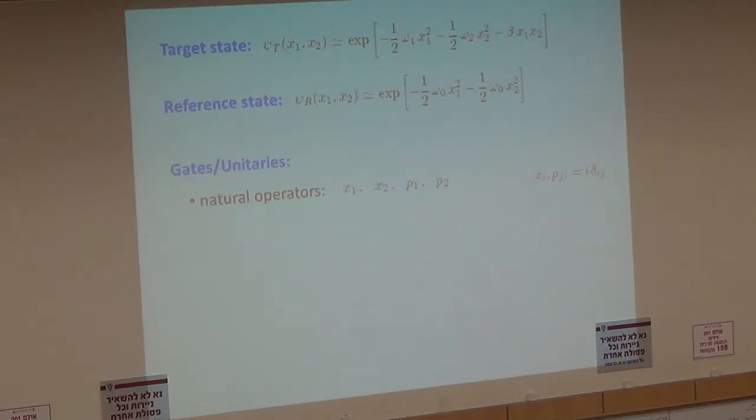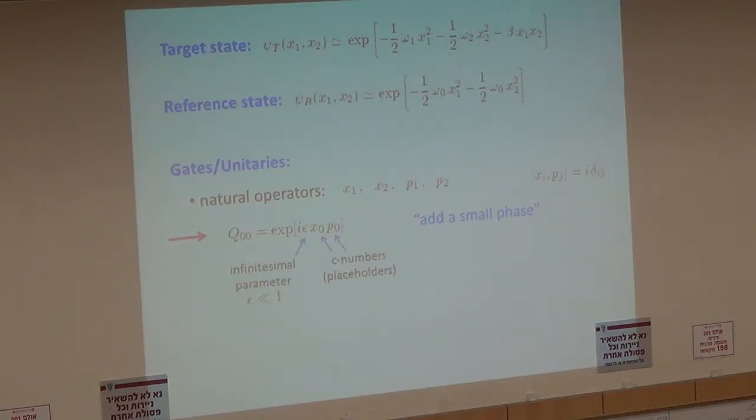And so, well, it's a quantum mechanics problem, and so the natural operators that we're given are the x's and the p's. And those aren't unitaries, but it's easy to build unitaries using those. And so I'll start with this one, which is a rather simple or silly unitary, because those x naught and p naught are not operators.